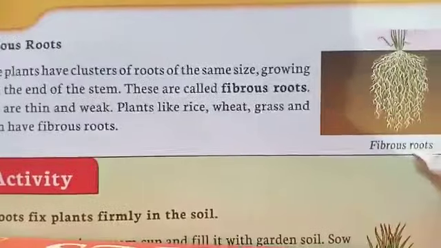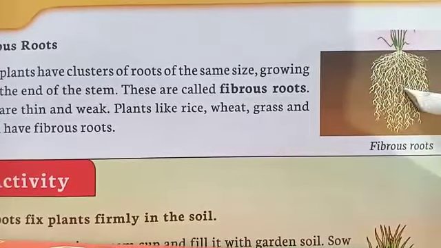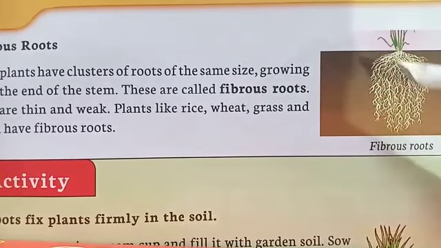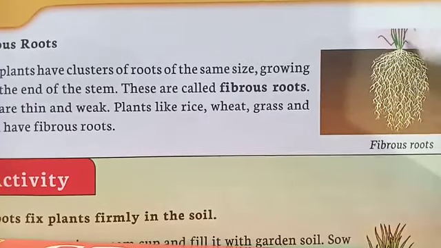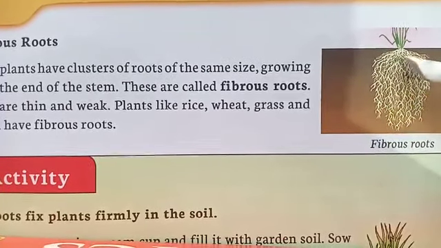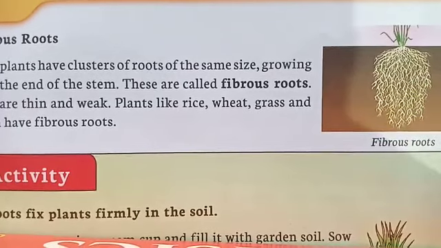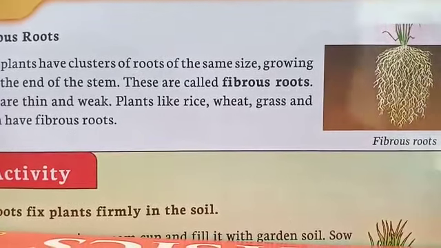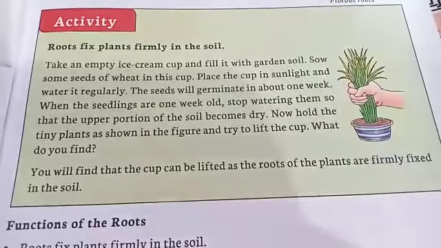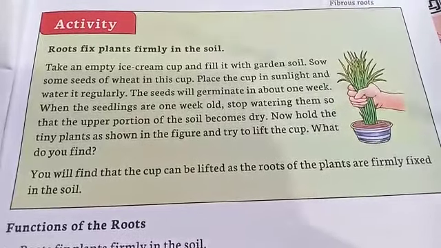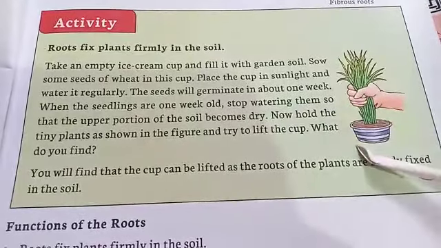You can see in the picture, this is the example of fibrous roots. They are of the same size and they grow from one end of the stem. Read the activity and do it yourself at home.